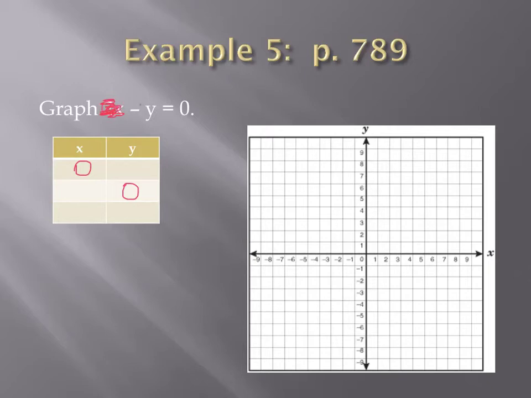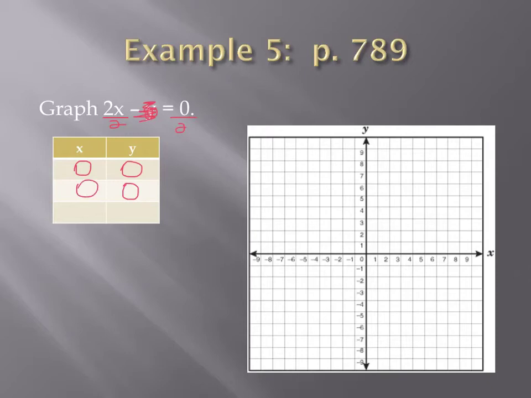So if I divide by negative 1, then I get y equals 0. Alright, so now if I make y equal to 0, 2x minus 0 is 0, so when I divide by 2, I get 0 again.